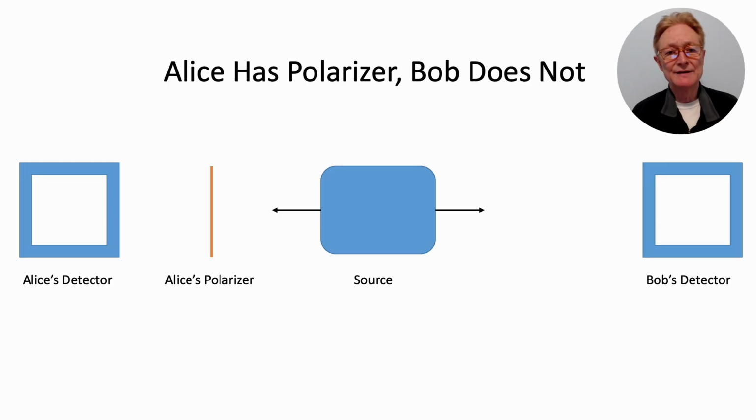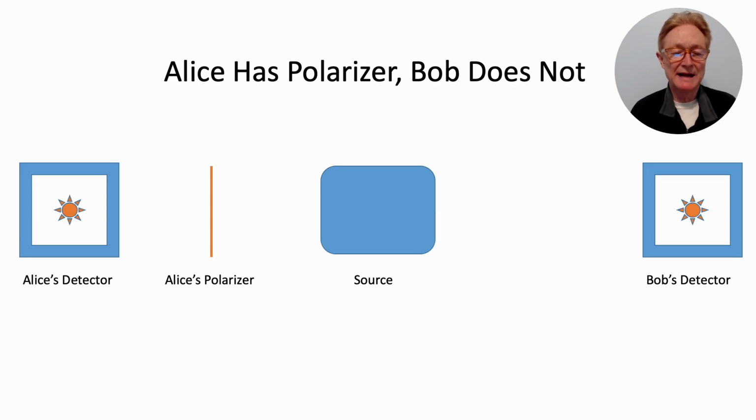Well, a pair of entangled photons is emitted, and Bob's detector clicks, and in this trial, Alice's detector also clicks. Photons emitted, and Bob's detector clicks, but Alice's does not. Photons emitted, and again Bob's detector clicks, and Alice's does not.